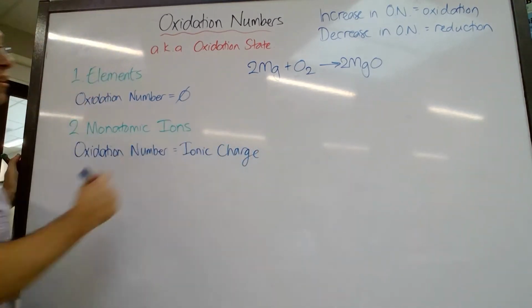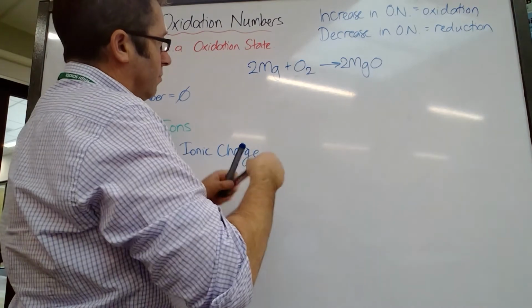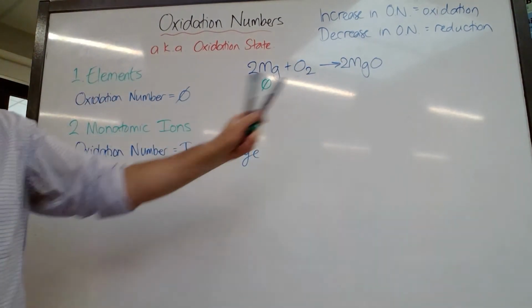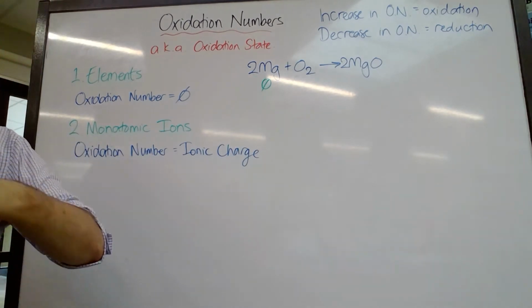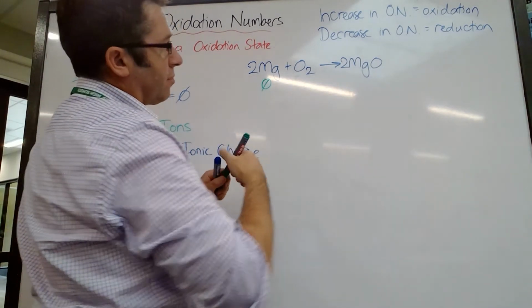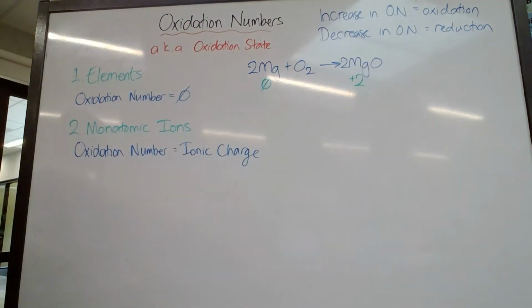In my example, this is very easy. Our magnesium has gone from 0 up to being a magnesium ion. It doesn't matter that there's two of them; we don't say it's 2 pluses, so it's 4 plus. Each magnesium has a positive 2 charge, so its oxidation number is positive 2.